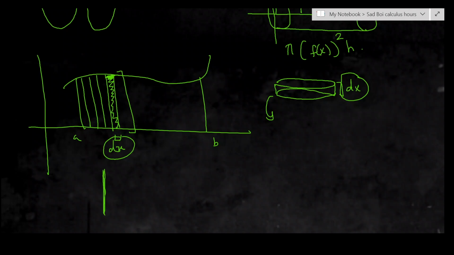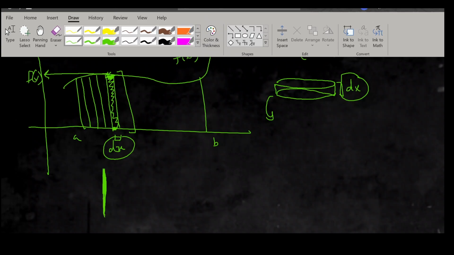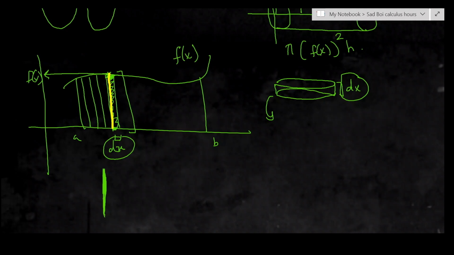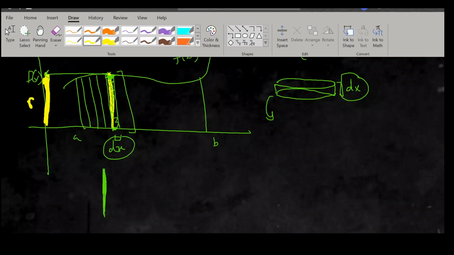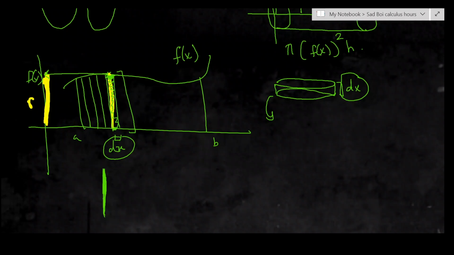Consider you have this width very small, so the final and initial lines are going to be overlapping. Both lines represent approximately the same point x. We substitute that value of x into the function's equation and the function returns f of x. So we have this height, f of x, as the radius.